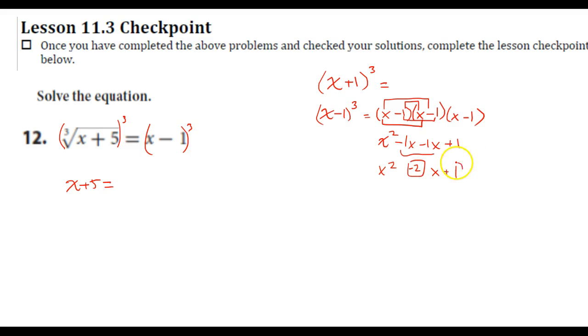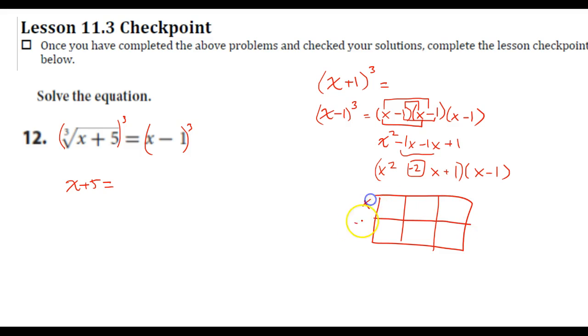Negative 2. We are then going to multiply x minus 1 to what's in here. So I'm going to write this out. I know this was a while ago, but it's still a good review. X minus 1 times x squared minus 2x plus 1. So that would be x to the third power, negative 2x squared, and 1x.